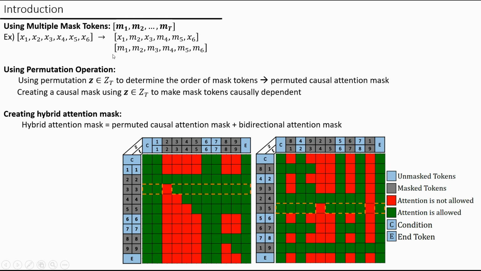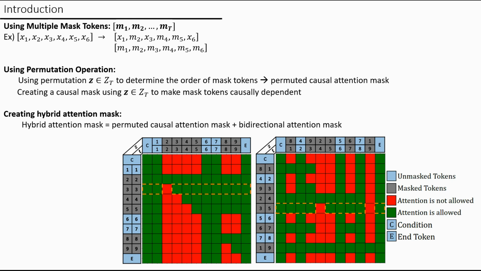And if we want to completely mask the input sequence, we use 6 different mask tokens. However, if we use the same order over and over again for our mask tokens, this is identical to positional embedding. So we propose to use a permutation operation to determine the order of mask tokens.